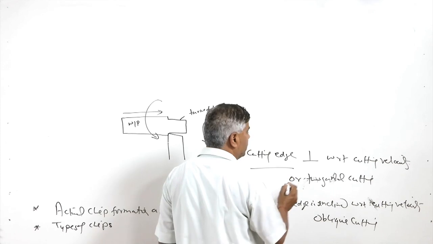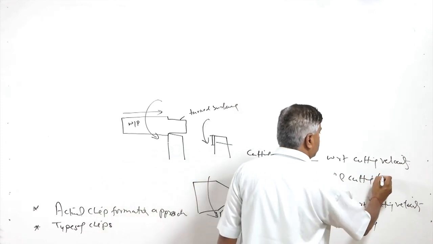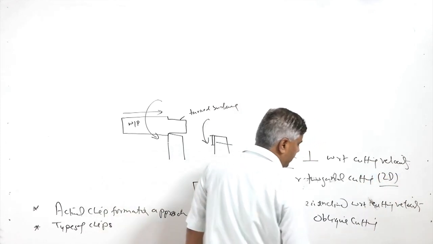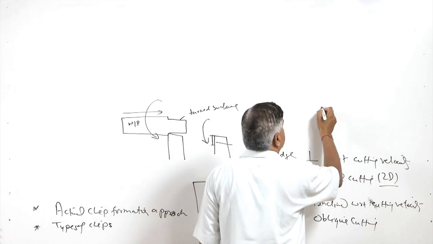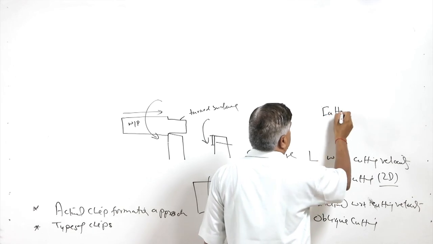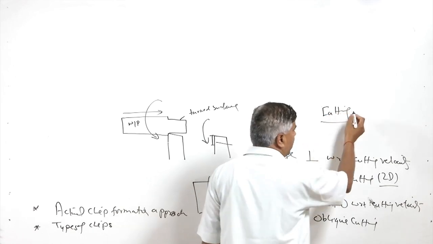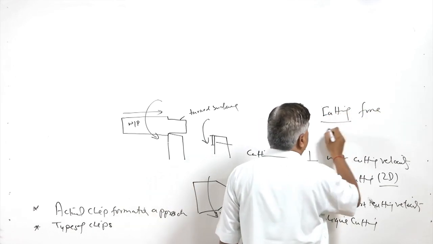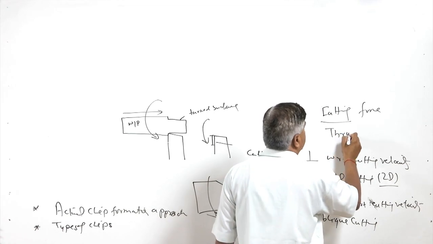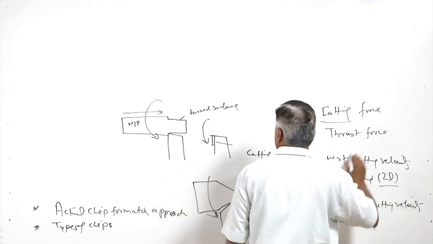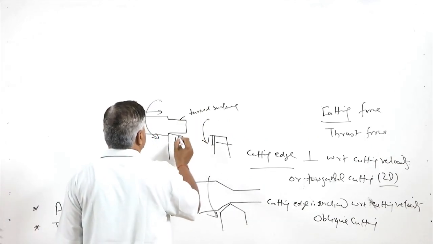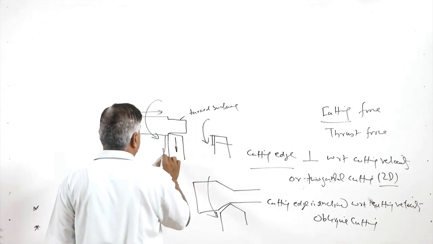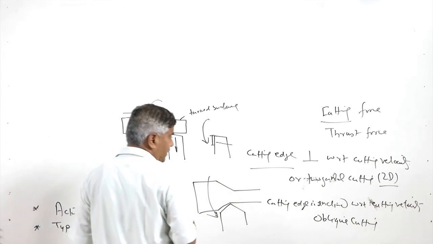Basically, orthogonal cutting is also termed as two dimensional cutting, because mainly two kinds of forces act. The forces act in two directions. One is the cutting force and another is the thrust force. So, the thrust force will be acting in this direction and the cutting force will be acting in the downward direction.